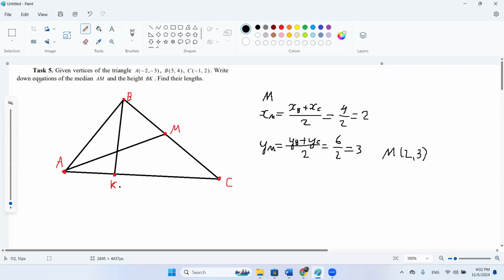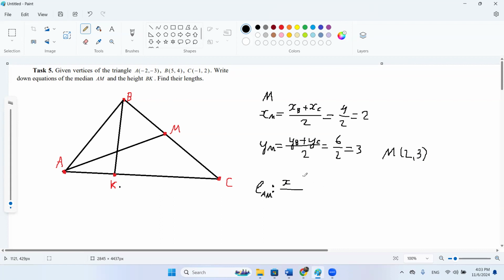Yeah, and now we'll write down the equation of this median. So to find it, we will use the equation of a line passing through 2 points.